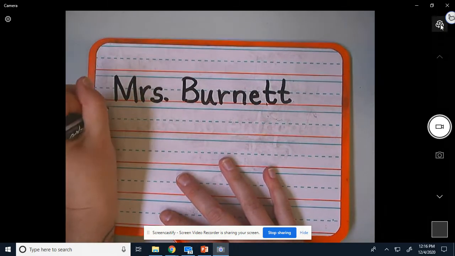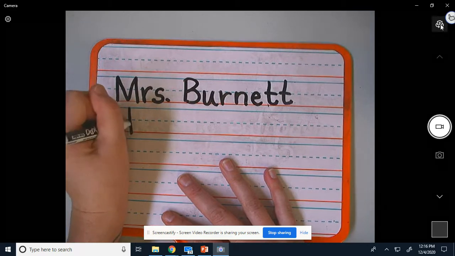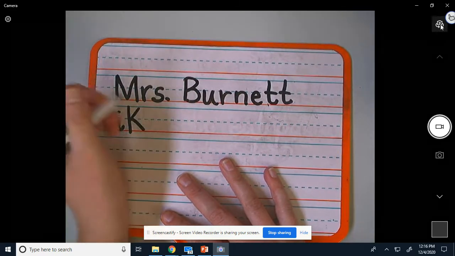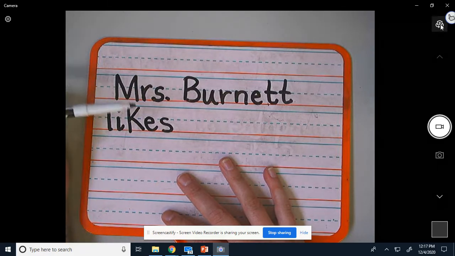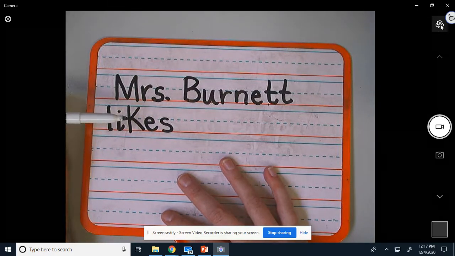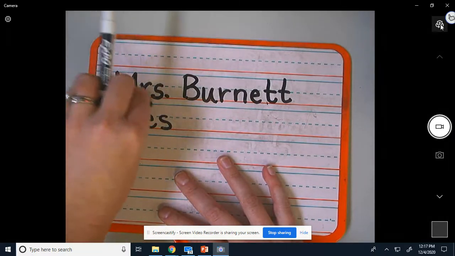Mrs. Burnett likes, and some of you, I want to show you this one. Some of you are making your K's look like this. That is an uppercase K, and an uppercase K does not go in the middle, right? So I want your K's to look like this.